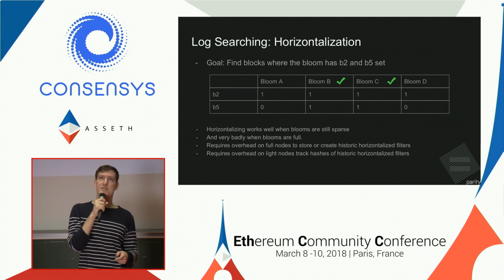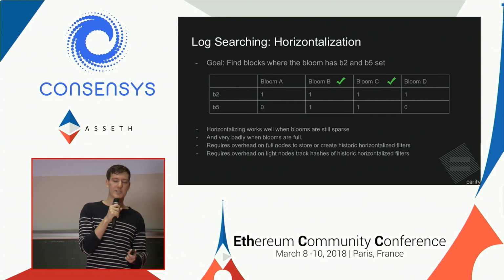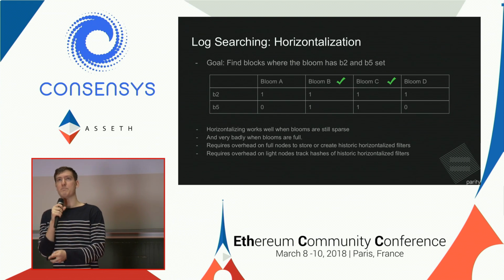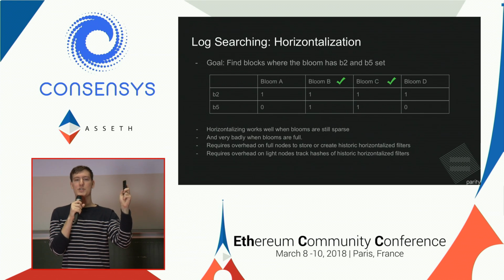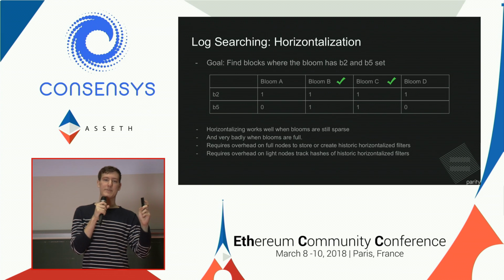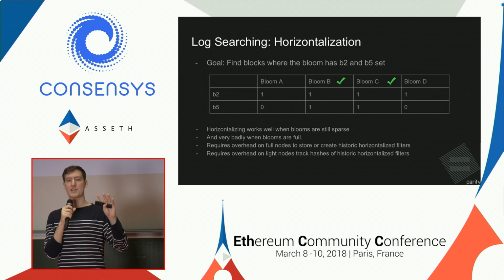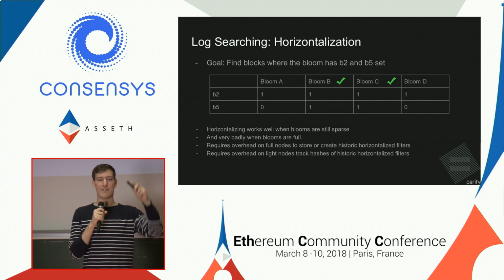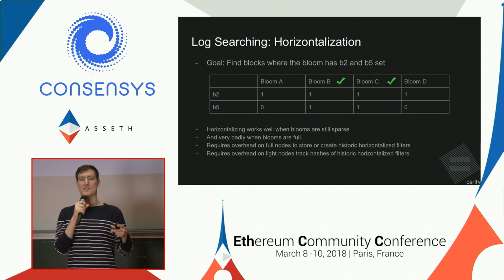Another approach is to do something that I would call horizontalization, which is splitting up blocks into batches and then generating 2048 bit vectors, each with the length of how large that group of blocks is. So let's say we're doing it with 4 blocks, and we have 8 bits in this little bloom filter that I'm talking about, but in practice that's 2048.